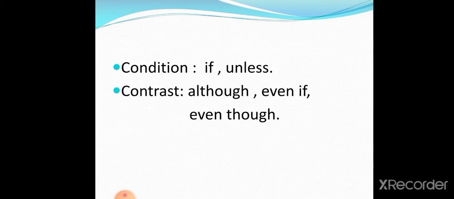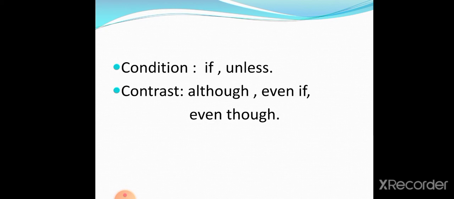When subordinate conjunctions introduce the condition, we use words such as if or unless. When subordinate conjunctions in a sentence are used to contrast between persons, places or things, we use a subordinate conjunction such as although, even if or even though.